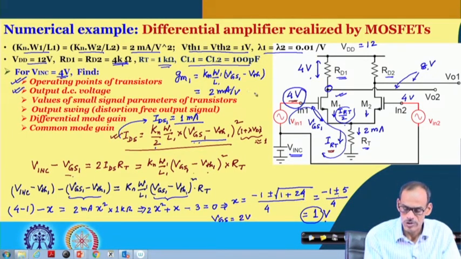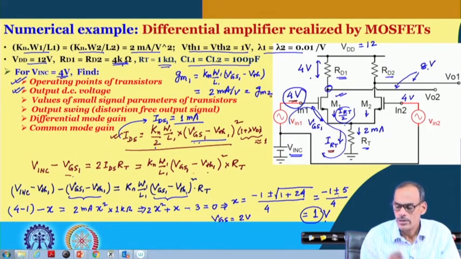Same thing for GM2 also, and RDS, both RDS1 and RDS2, is equal to 1 by lambda, which is 0.01 into 1 milliampere. In fact, that gives us 100 kilo ohm.